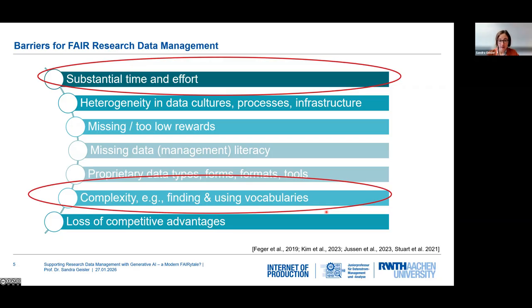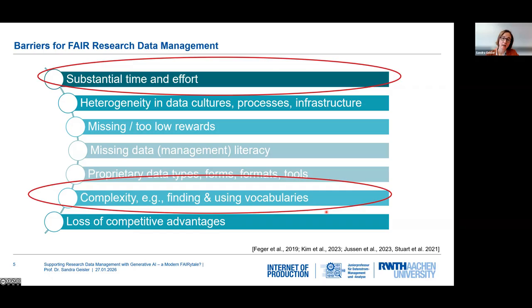And hence, now that we're having new tools like generative AI and large language models, we thought about how we can support researchers in these tasks, to speed up the work in research data management, and also to provide semantically rich data with lower effort.